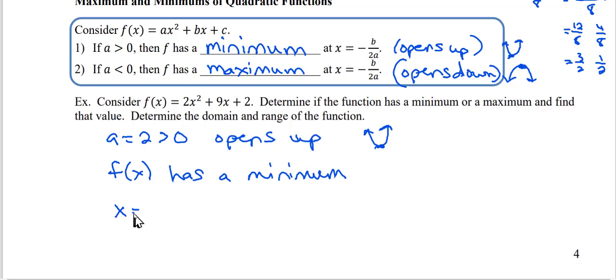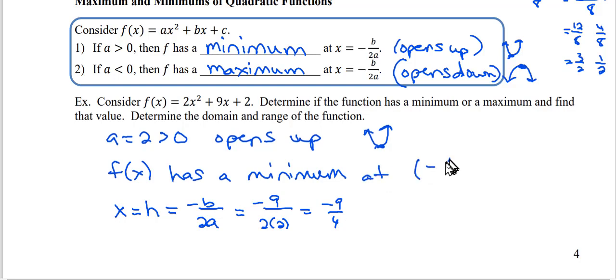The x value, which remember when we talk about the vertex of a parabola, we usually refer to the x coordinate of the vertex as h, is equal to -b over 2a. So -9 over 2 times 2, or -9/4.